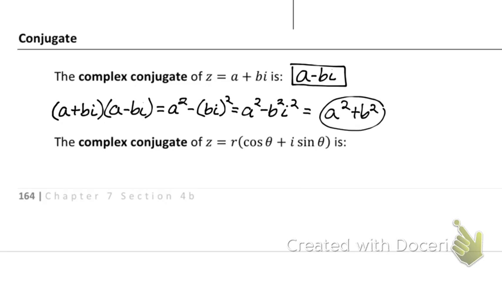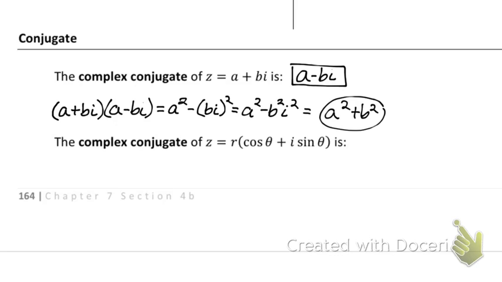So anytime you multiply a complex number by its conjugate, you're going to end up with a squared plus b squared. It's good to know because you can do the math, but it's always nice to be able to jump straight to this, especially in this next one. This next one's a little bit different. It kind of seems like the conjugate would be to just put a negative sign between the two, but it turns out that does not work, and we're not going to go through why.